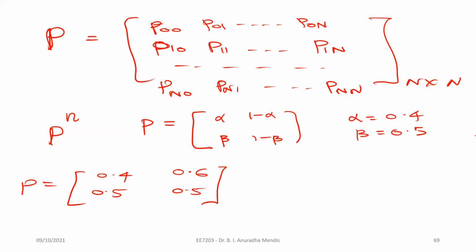Can you find this matrix squared, cubed, for these values by using MATLAB? If you have MATLAB, you can open MATLAB. Then you will find the large value P10 also in MATLAB.